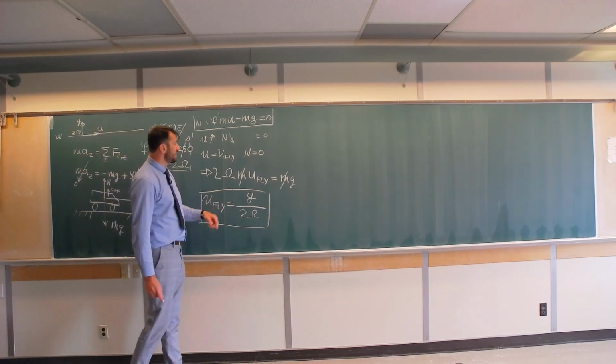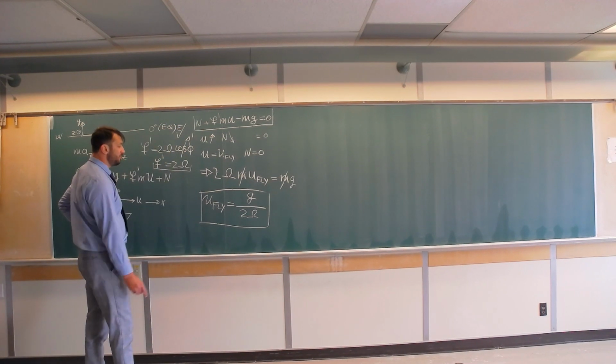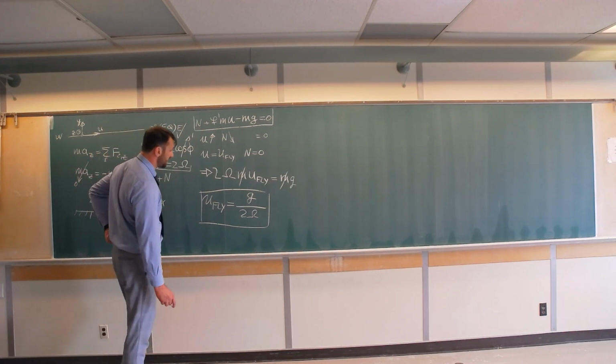So g is 9.81, omega 7.3 times 10 to power negative 5.